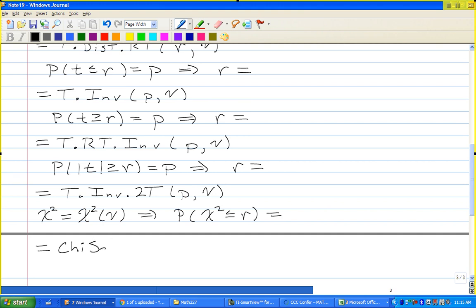Chi-square distribution, r, your degrees of freedom, and true.